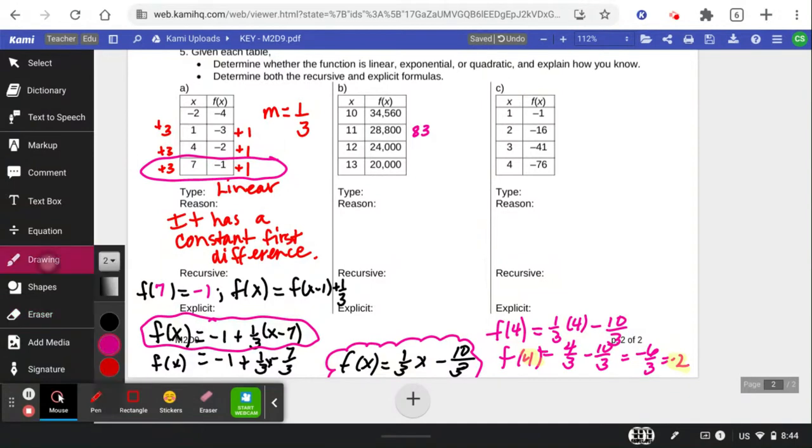Let's try the next one. 24,000 divided by 28,800. There's that 0.83 again. 20,000 divided by 24,000. There's that 0.83. Now this is a 0.83 repeating.